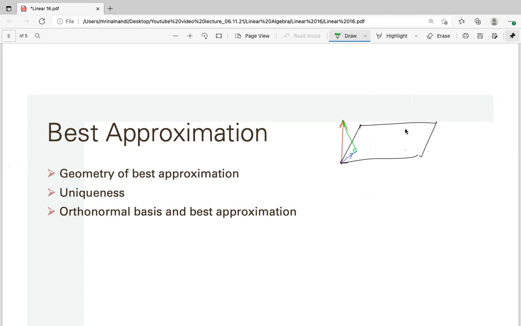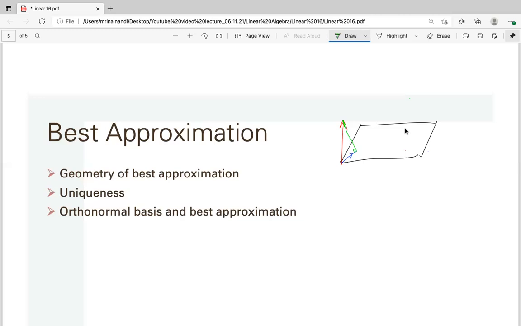So again, if y is in the subspace, y can be written as c1 x1 plus c2 x2 up to cn xn, and finding these ci's is very easy here. Each ci is nothing but the inner product of y and xi.